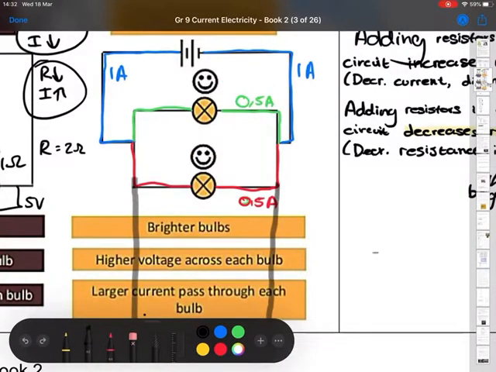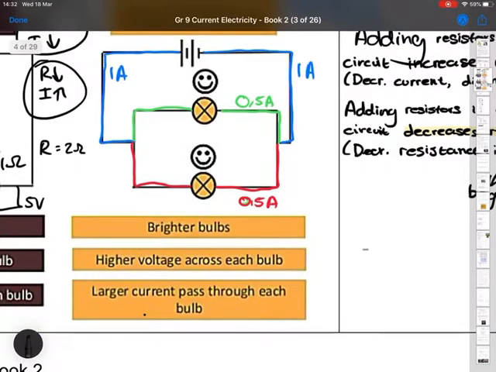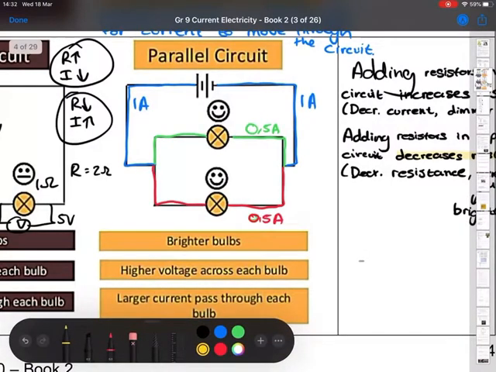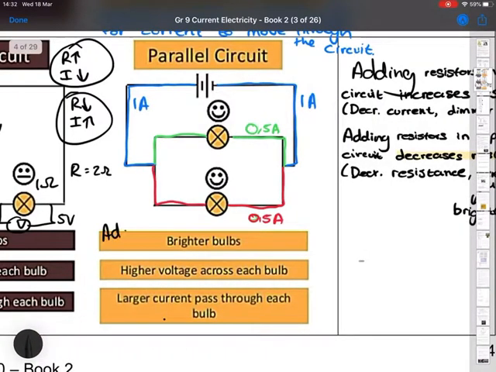All right. So in a parallel circuit, you get brighter bulbs when you add resistors in parallel. Remember, bulbs are resistors.